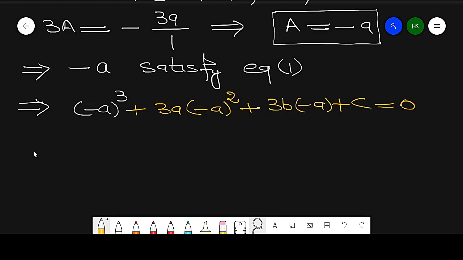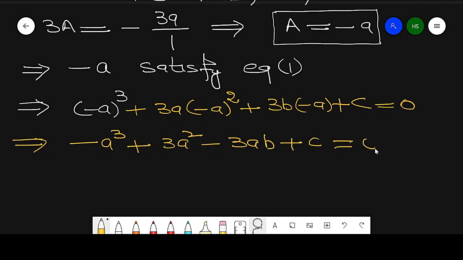So it implies minus a cube plus 3a square minus 3ab plus c equal to 0.